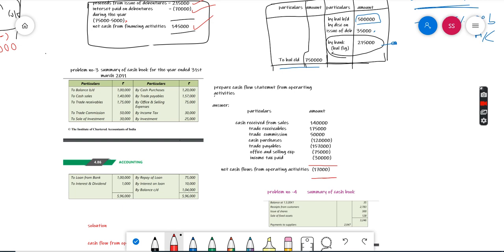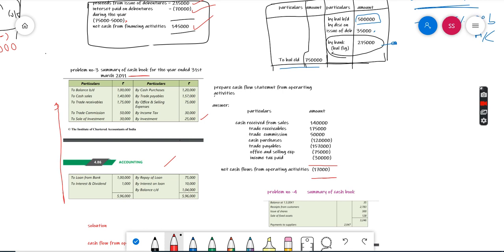Cash sales, trade receivables, trade commission, sale of investment, cash purchases, trade payables, office and selling expenses, income tax, investment, and so on. So this is the summary of the cash book. They have given the summary of the cash book for the year ended. So what are the cash we have received, right? On the debit side all are received, and then on the credit side all are paid.